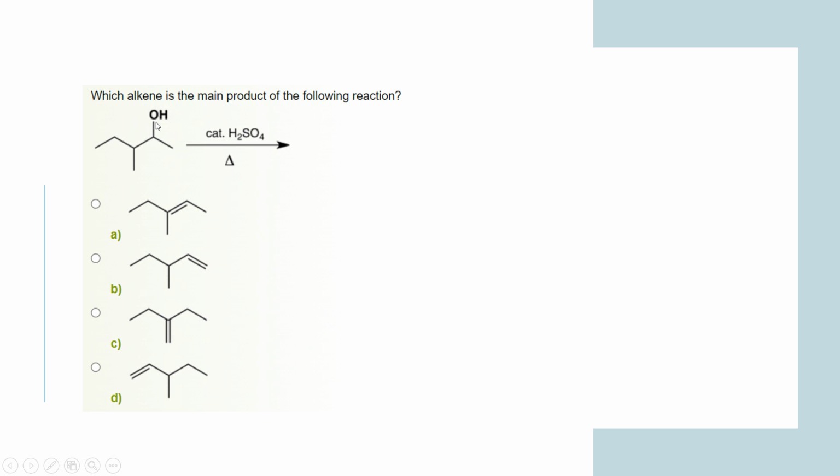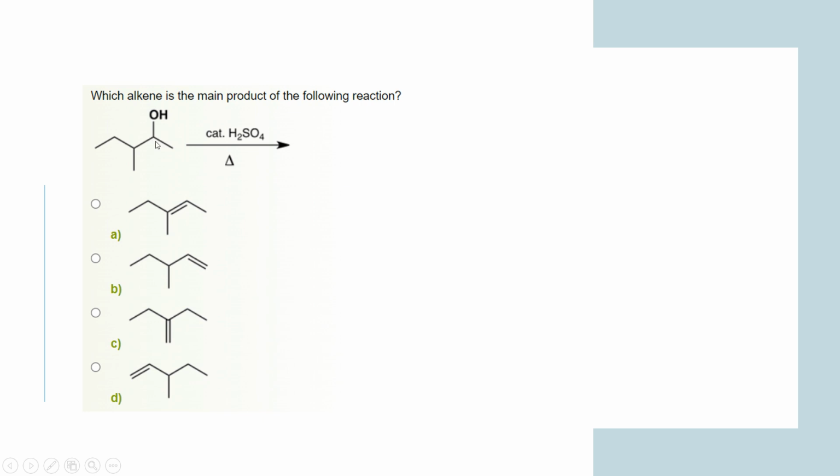This hydroxyl group will be protonated, and you get an oxonium here, where the oxygen is attached to two hydrogens. That oxonium ion will eliminate the water molecule in the subsequent step to give you a carbocation here. Now to get the alkene, you have two possibilities from where you can expect deprotonation, either this way or this way.